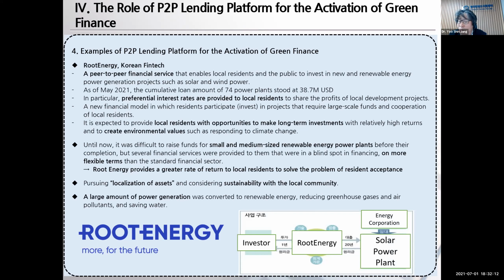As of May this year, the accumulated loan amount for 74 power plants stood at $38 million. It is expected to provide local residents with opportunities to make long-term investments with relatively high returns and create environmental value, such as responding to climate change.